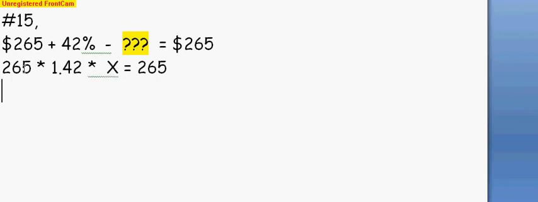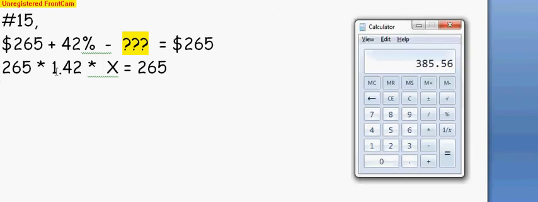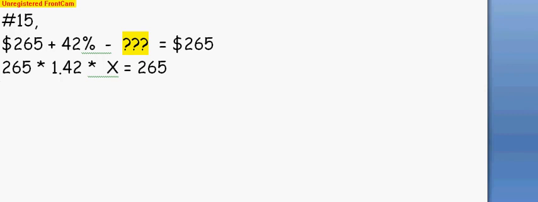So then we multiply these two together. 265 times 1.42, and we get 376.3, times X equals 265. Then the next thing we have to do is divide both sides by this number.